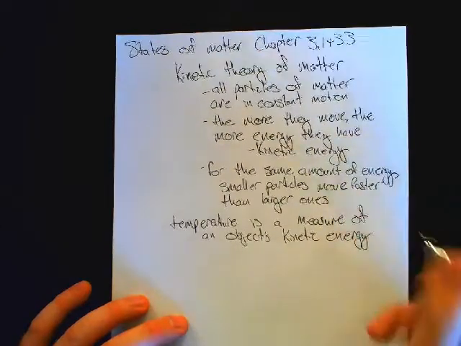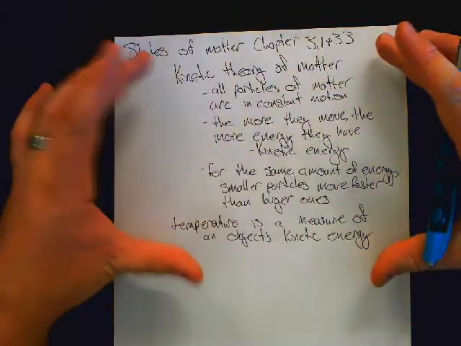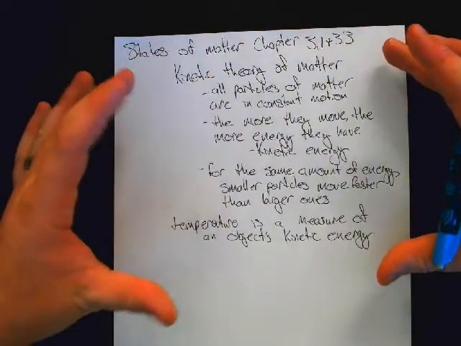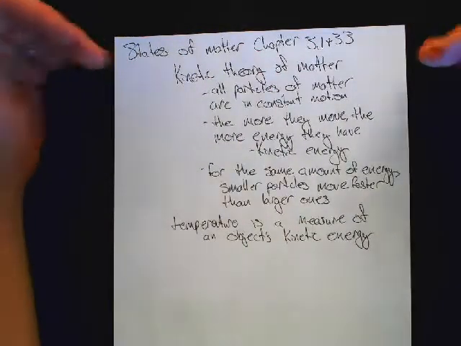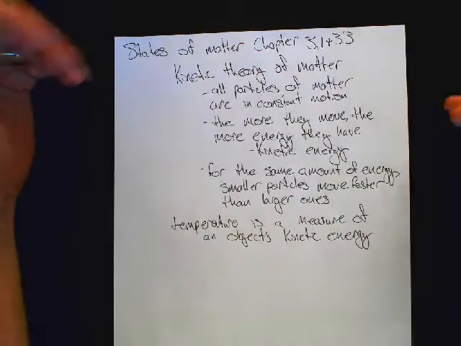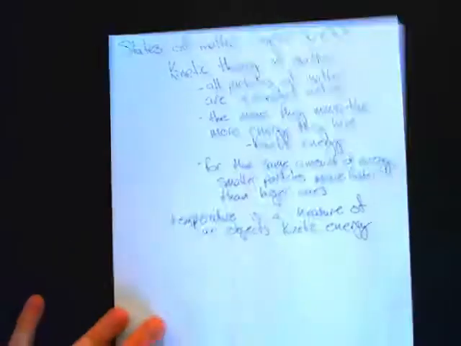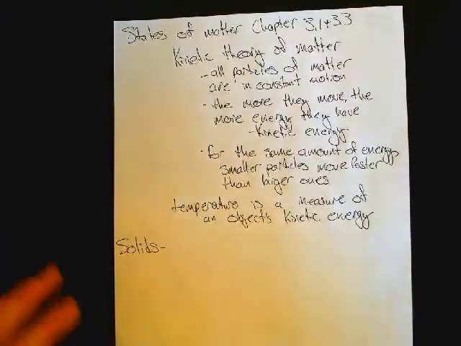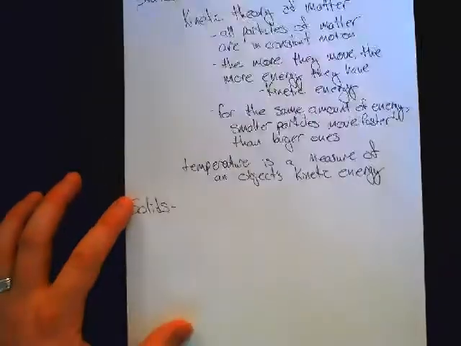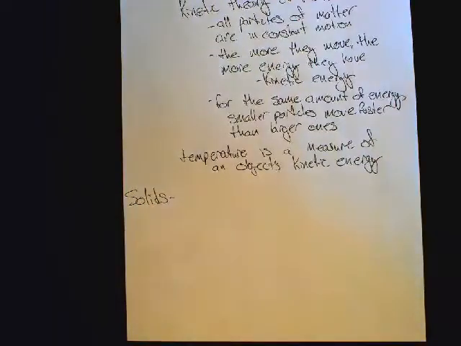All right. So this is the theory that helps us understand what's going to be going on for different objects. What we want to do now is take a look and see how that actually applies to different objects, starting with solids. What properties make something a solid?